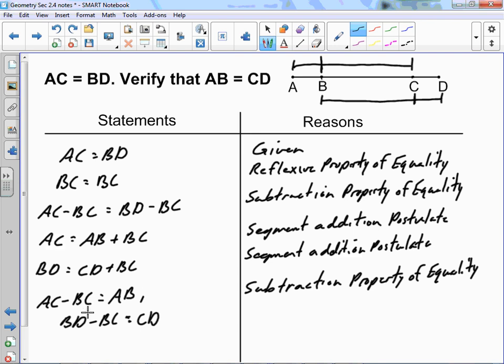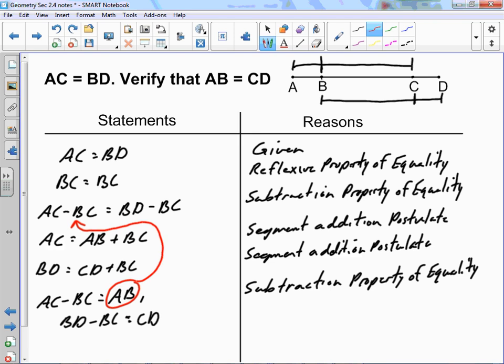And then, since AB is the same thing as AC minus BC, I can take AB and replace it right there, where AC minus BC equals BD minus BC.